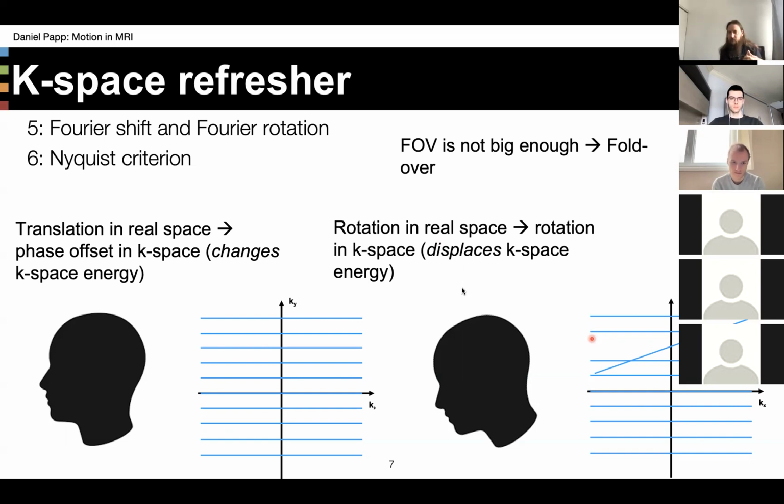Yeah. I want to say that it changes k-space energy is sort of my interpretation of translation in the real space resulting in a phase roll in k-space, which I always found fairly hard to understand. And I think changing k-space energy is effectively what it does, but I'm not 100% sure.